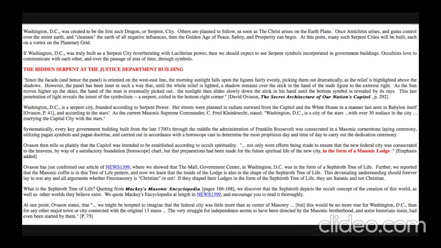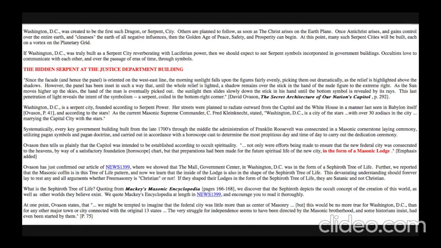Systematically, every key government building built from the late 1700s through the middle of the administration of Franklin Roosevelt was consecrated in a Masonic cornerstone laying ceremony, utilizing pagan symbols and pagan doctrine, and carried out in accordance with a horoscope cast to determine the most propitious day and time of day to carry out the dedication ceremony.